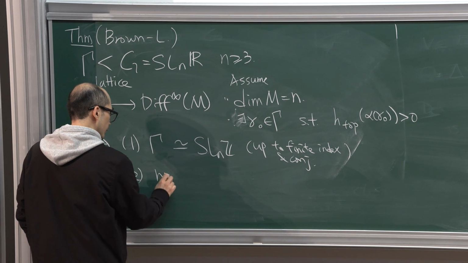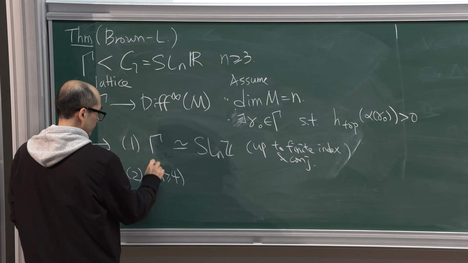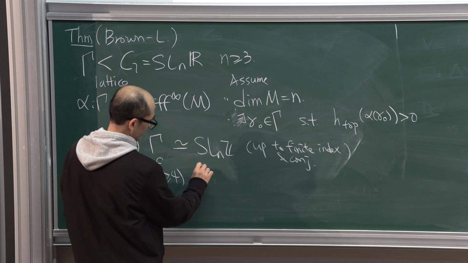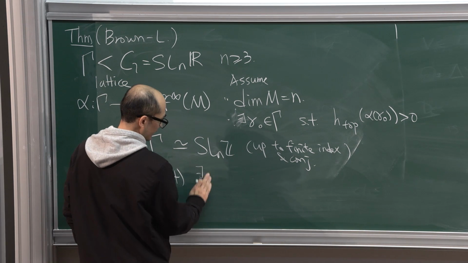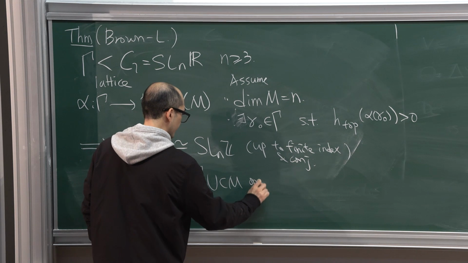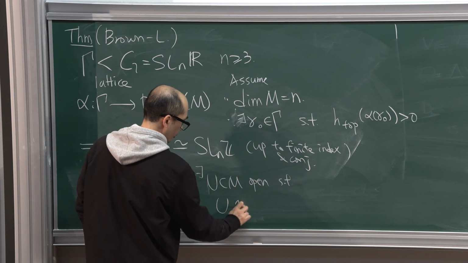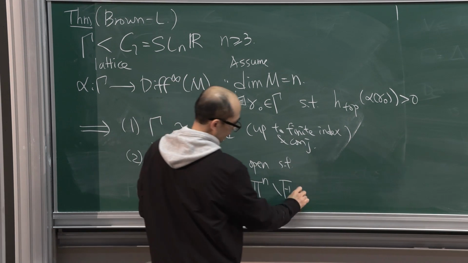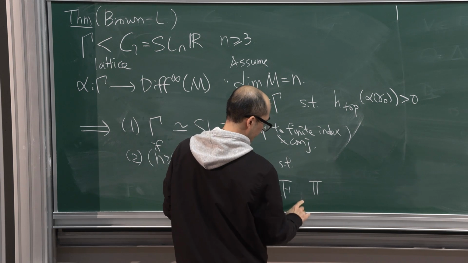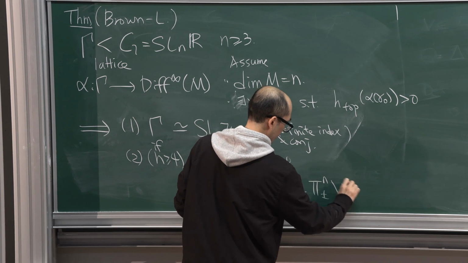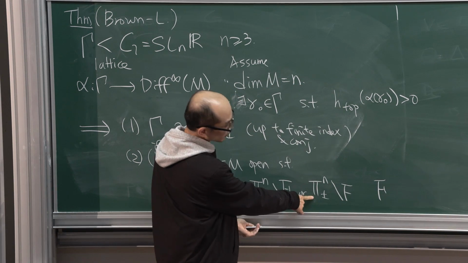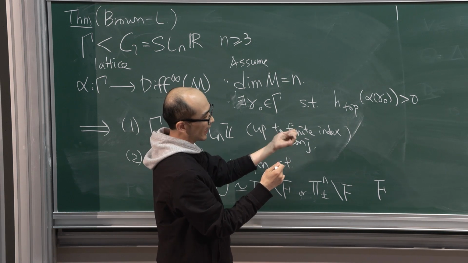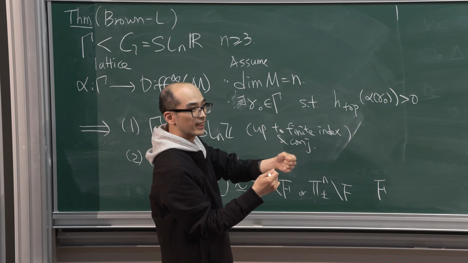So now we have a partial answer for that. If n is at least 4, for some very weird reason, there exists an open set U in M such that U is homeomorphic to the n-torus mod F. Here F will be a finite group. In the n-torus, there is a hidden symmetry, which is x to negative x, given by the negative identity.